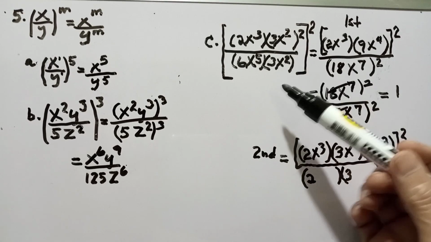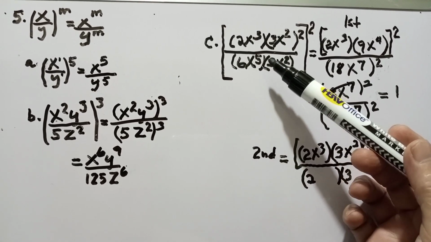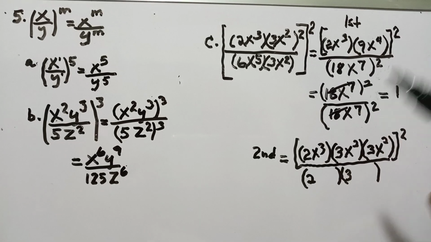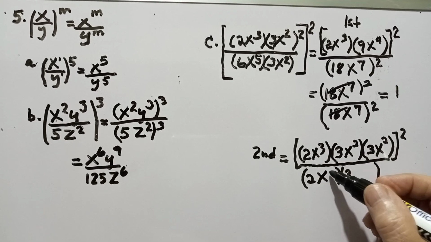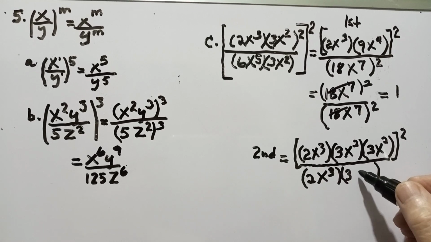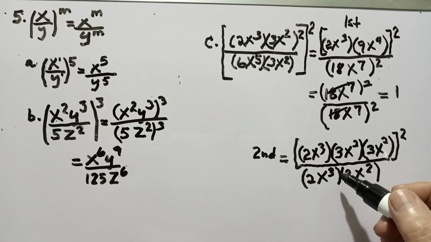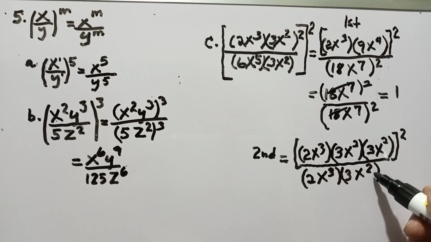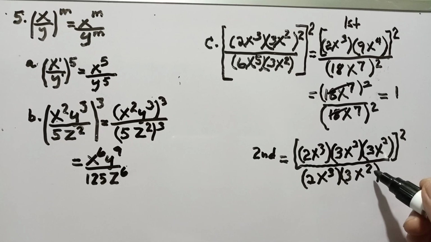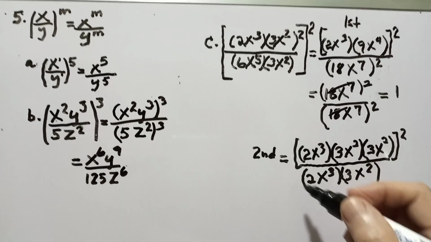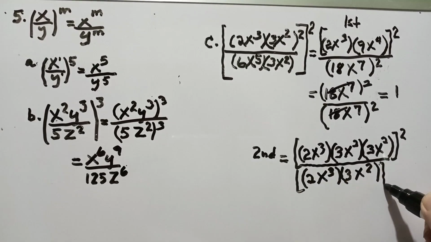Now, x to the 5th can also be factored. It is x cubed and x squared. So we have x cubed and x squared, because x cubed times x squared is x to the 3 plus 2, which is 5. So they are now factored. And then bracket square.